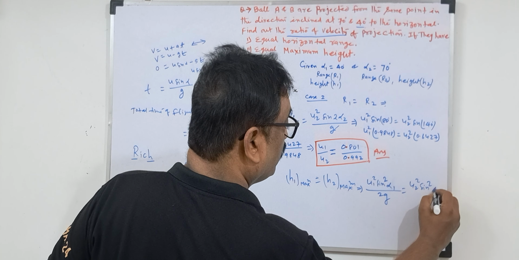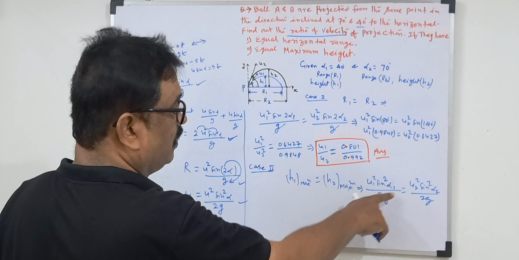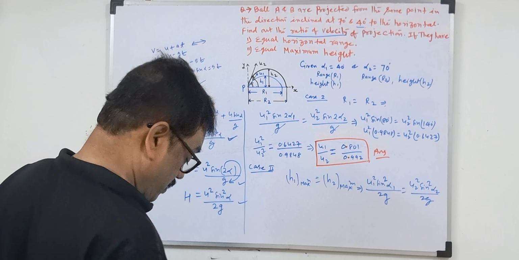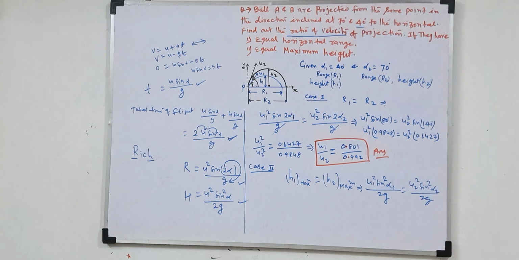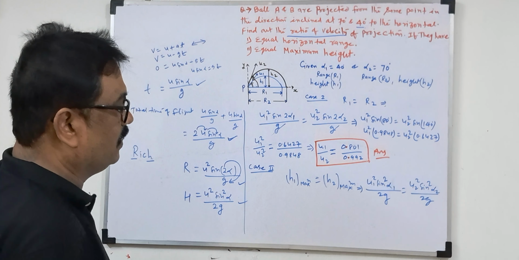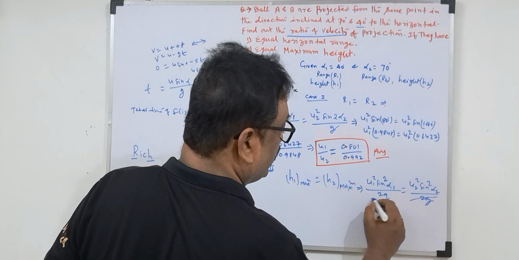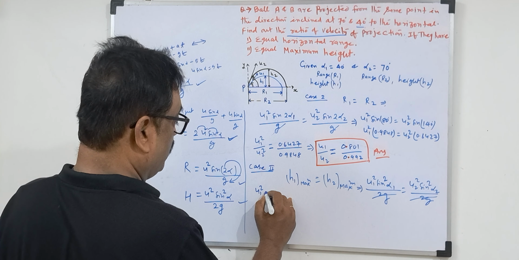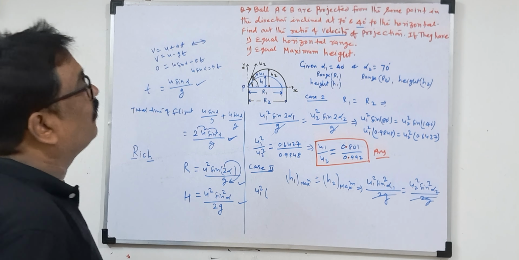So what is the formula for the height? u square sin square alpha, u1 square sin square alpha 1 for 40 degree, and this is 70 degree. Now look here, substitute the values. 2g gets cancelled. So what will be here? u1 square sin square 40 degree.